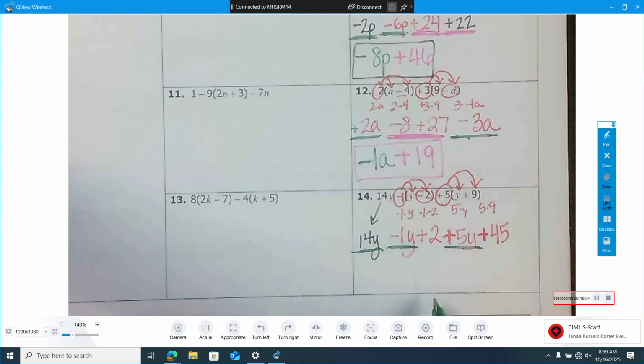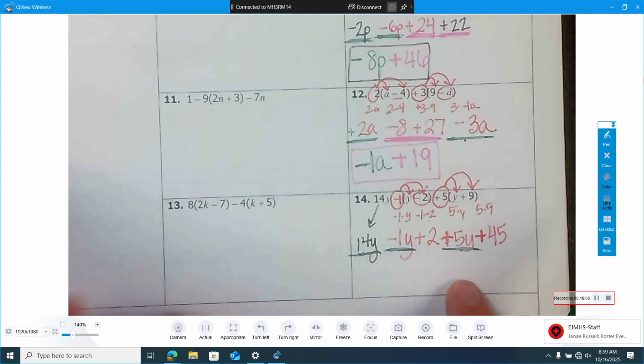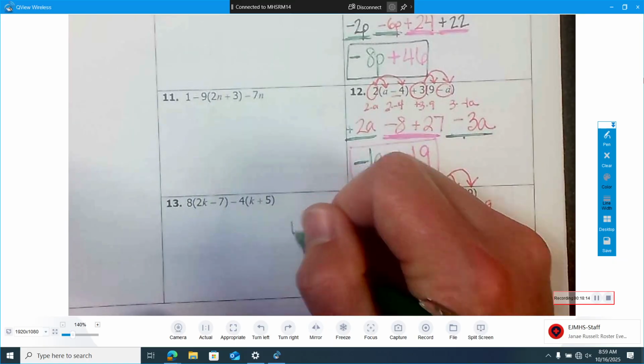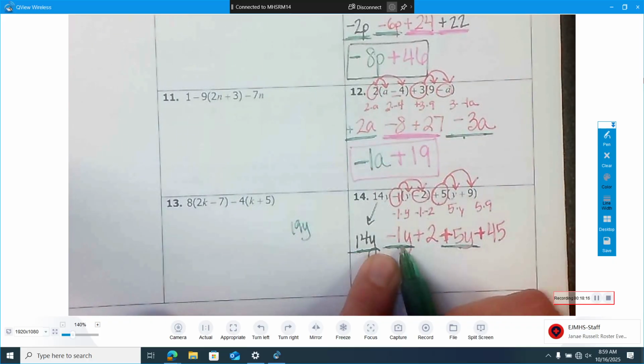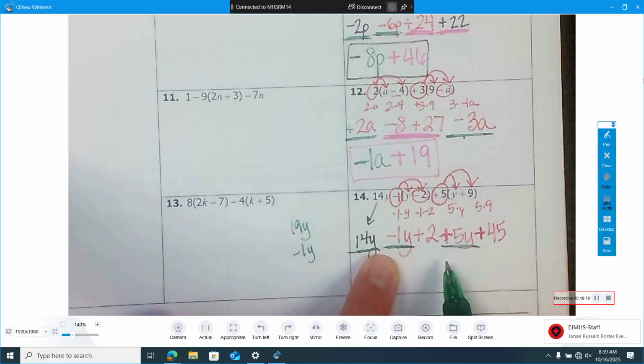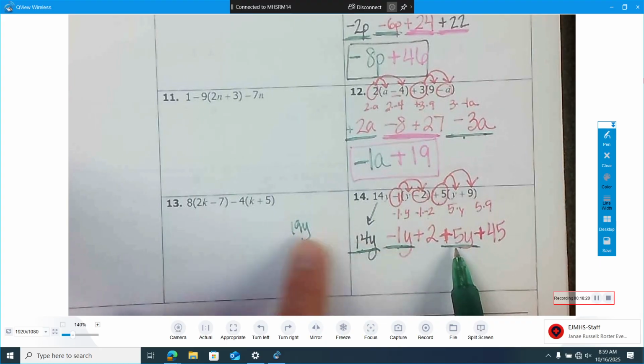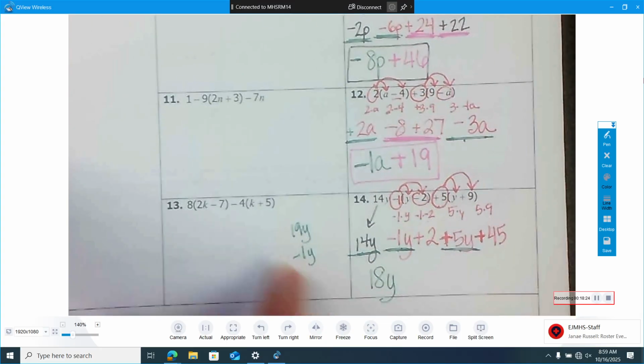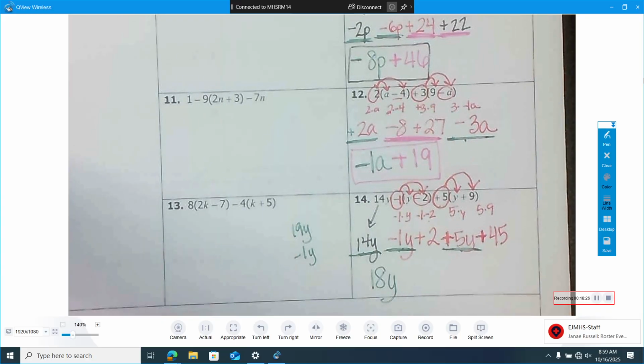Oh, my goodness. Let's see. I'm going to put my positive things together. 14y's and 5y's gives me 19y's. And then I have a minus 1y. What is 19 minus 1? 18y's. The positives win by 18. All right.